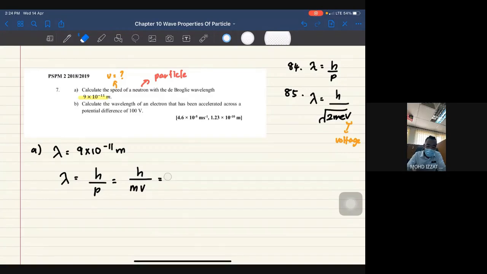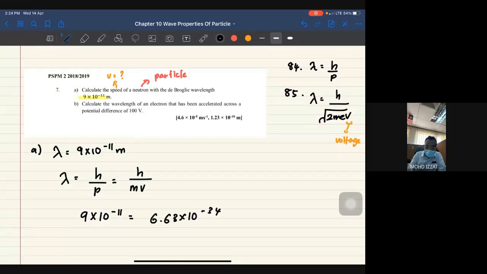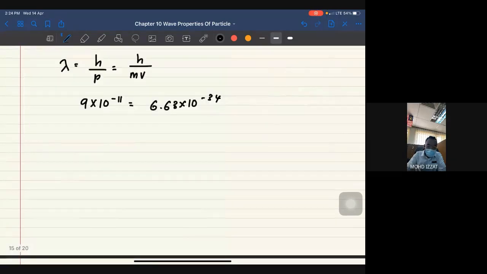So it will be 9 times 10 negative 11 equals 6.63 times 10 negative 34 divided by the mass of neutron, which you can get from the list of constants.